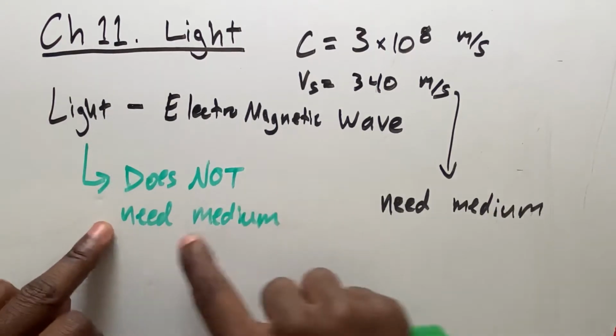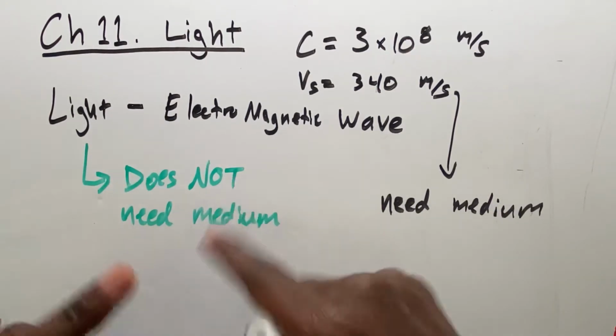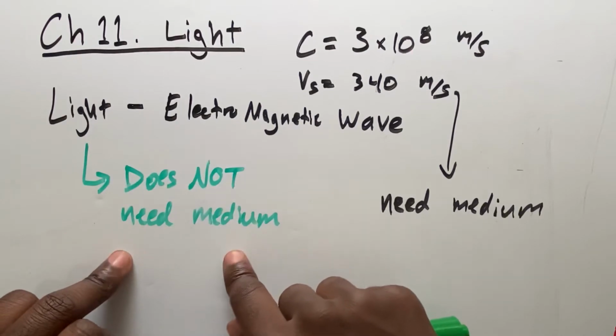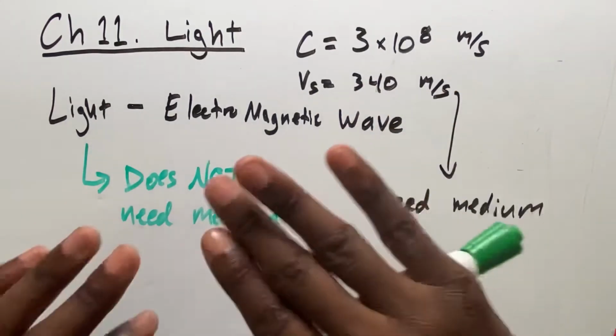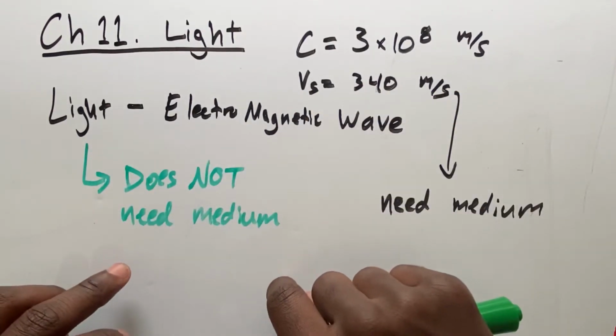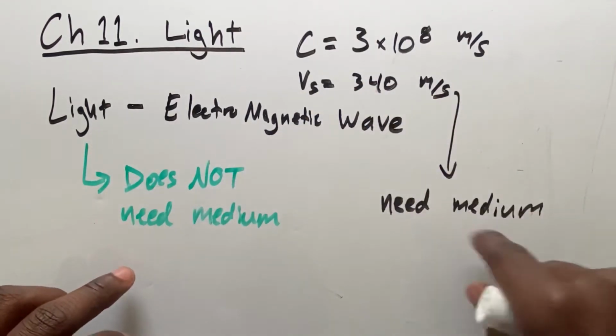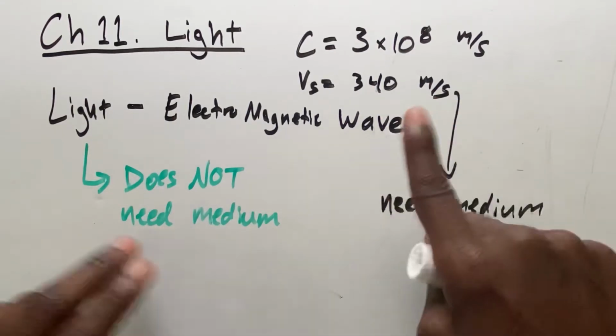So light does not need a medium to basically travel. Light can travel in space, which is a vacuum. It can travel in air, water, metal. Light can basically travel through anything. Whereas sound actually needs a medium. So I just want to point out that difference.